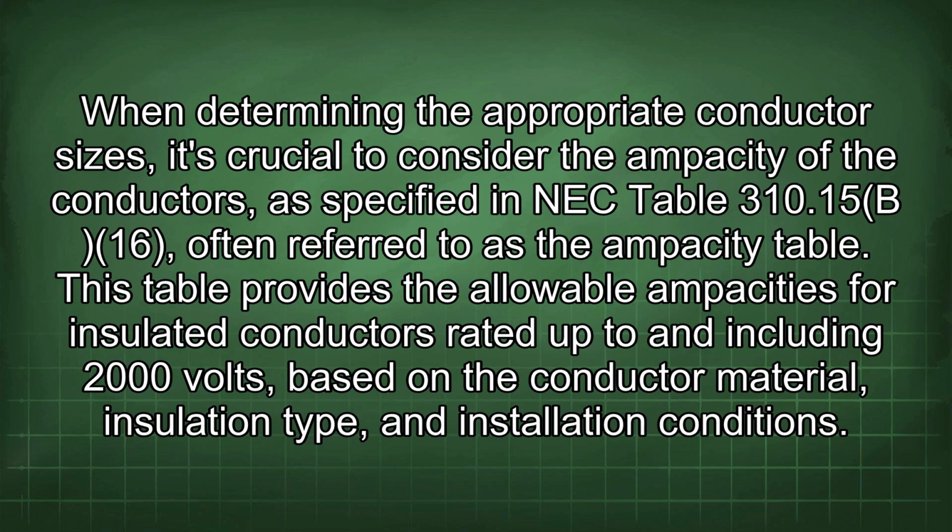When determining the appropriate conductor sizes, it's crucial to consider the ampacity of the conductors, as specified in NEC Table 310.15(B)(16), often referred to as the ampacity table. This table provides the allowable ampacities for insulated conductors rated up to and including 2000 volts, based on the conductor material, insulation type, and installation conditions.